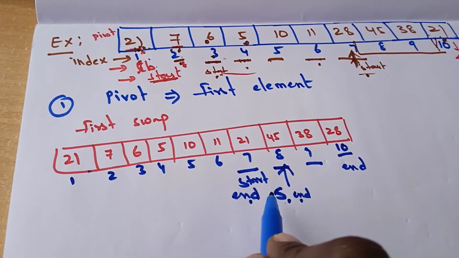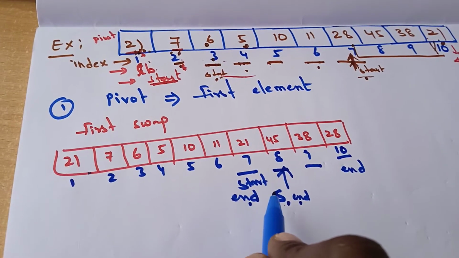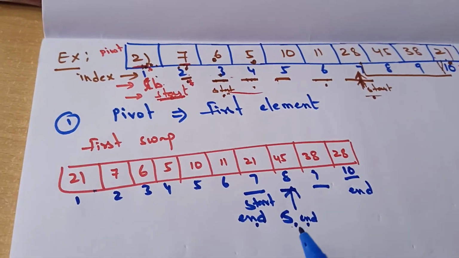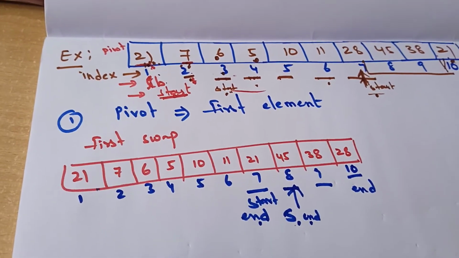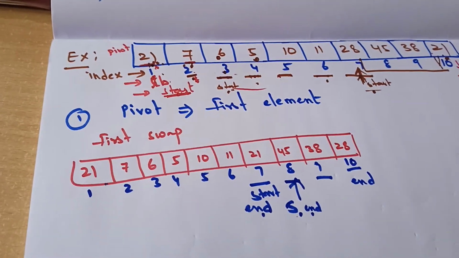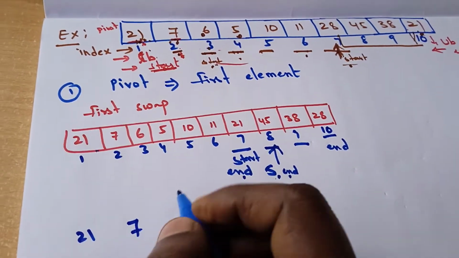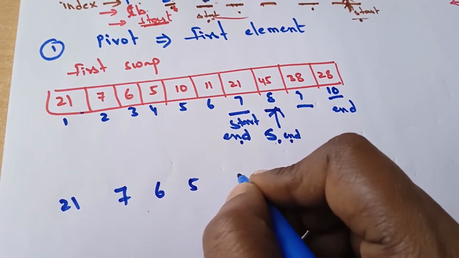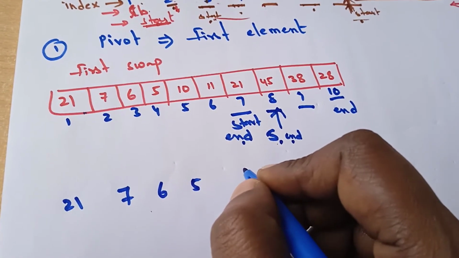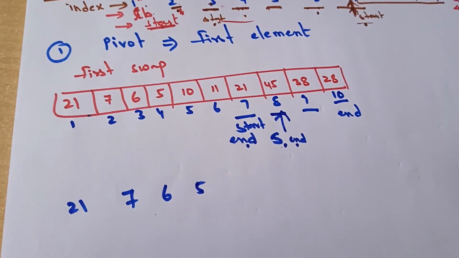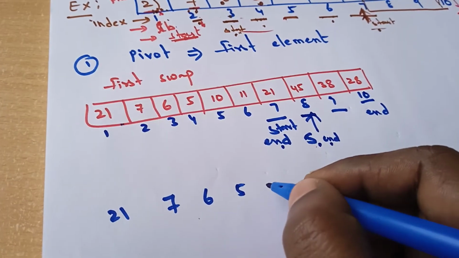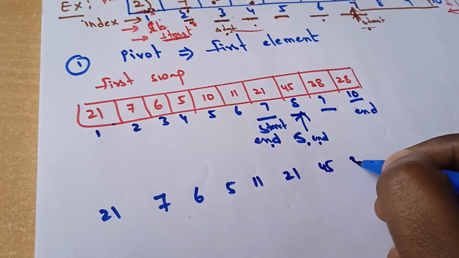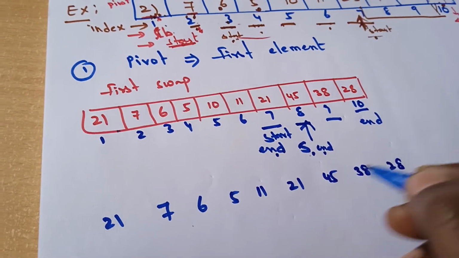of the pivot element. We'll find the place of the pivot element as this. Fine, right? So the end pointer is here, right? Now the elements are 21, 7, 6, 5, 11, 21, 45, 38, 28.